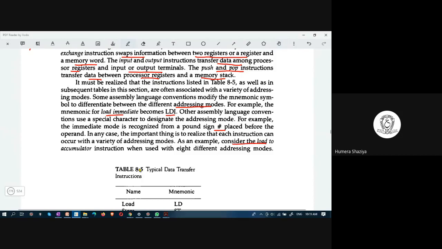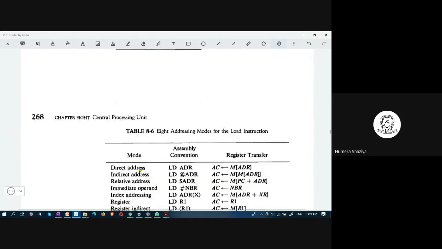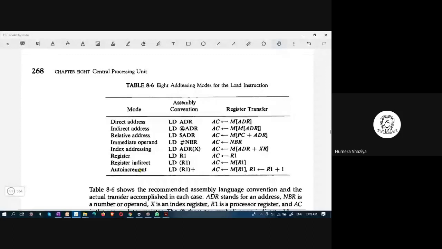The load to accumulator instruction is used with 8 different addressing modes. The syntax is given in this table. Load means getting a value from memory or any other method, using any other addressing mode, into the accumulator.